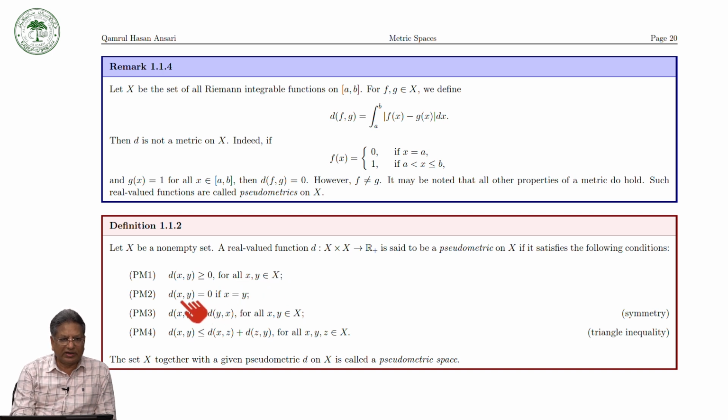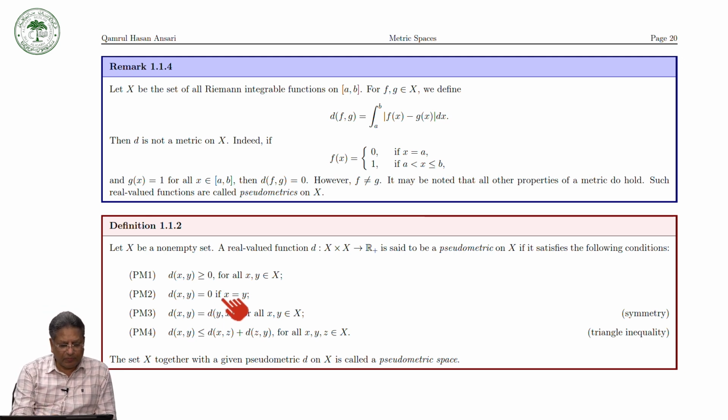Here d(x,y) is 0 if x is equal to y; it is missing the if and only if. The second thing is that it is not given that if d(x,y) is equal to 0 then x is equal to y. So this property is missing.